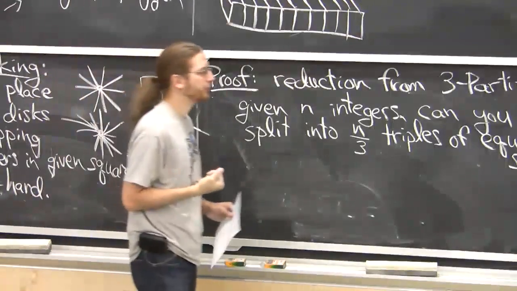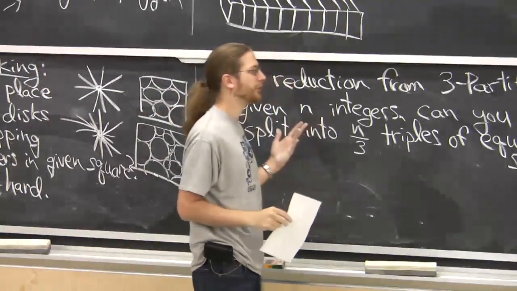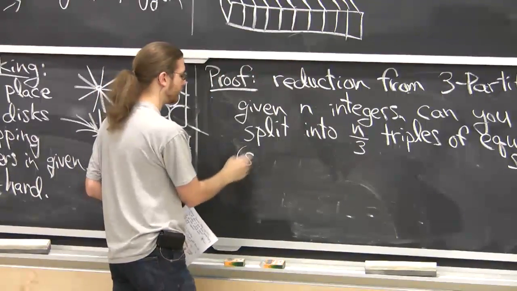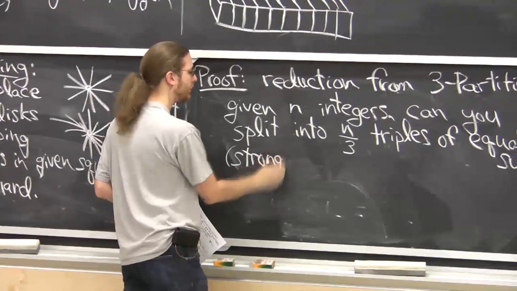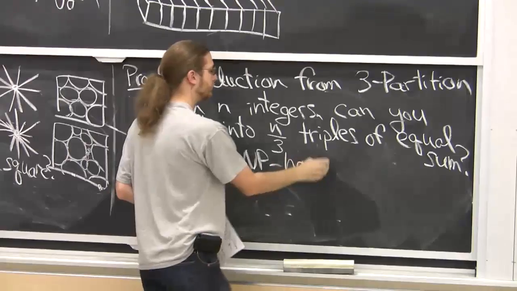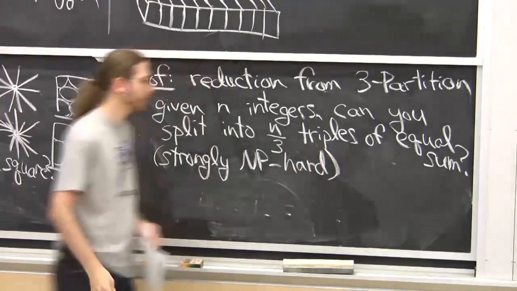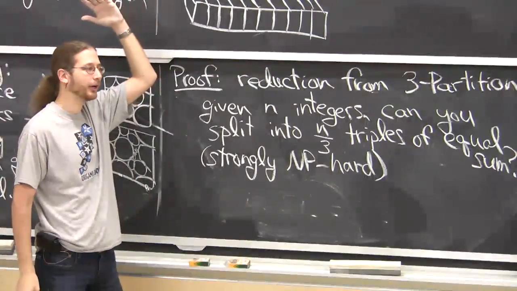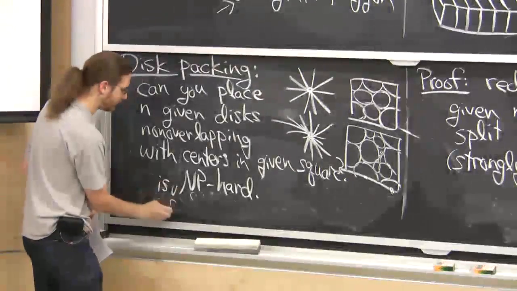This problem is cool for this technical reason that it is strongly NP-hard. So even when the numbers are really small, like about n, this problem is NP-hard. With partition, the numbers had to be exponential in n for the problem to be hard. And that's kind of artificial here. So this is actually strongly NP-hard.